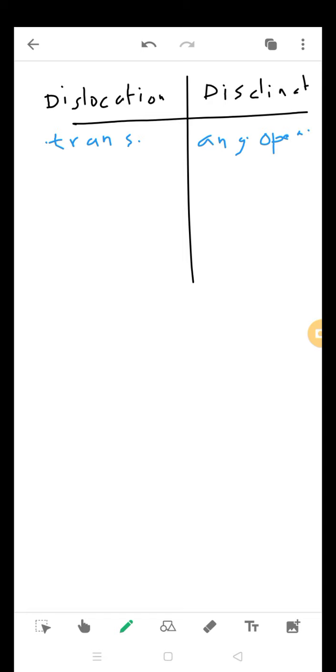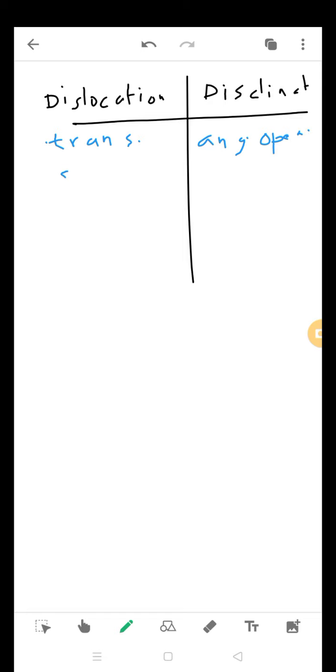Second is that the stress relaxes after some time. I mean, the effect that dislocation has is more local. If we consider a larger area of the crystal, the effect of dislocation slowly dies out. Whereas since we have an angular component associated with disclination, as we take a larger area, due to that angular component, the stress distortion remains in the material.